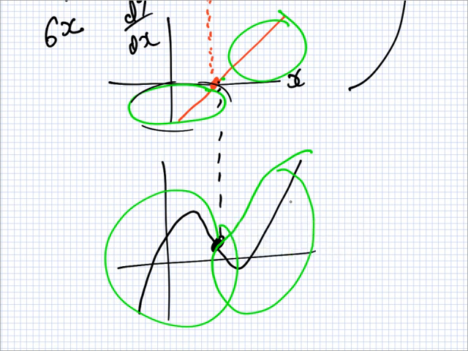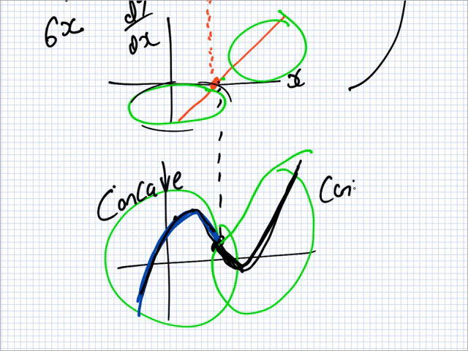Look at this shape. And then look at this shape. That's it, yeah. In this graph, you have it as a hill shape. And in this graph, it's like a valley shape. So this hill shape is called concave. And this shape is called convex. So in other words, the second derivative tells us if we are concave or convex.